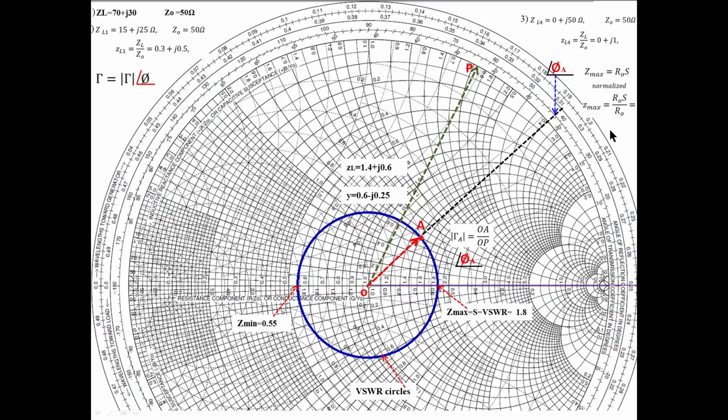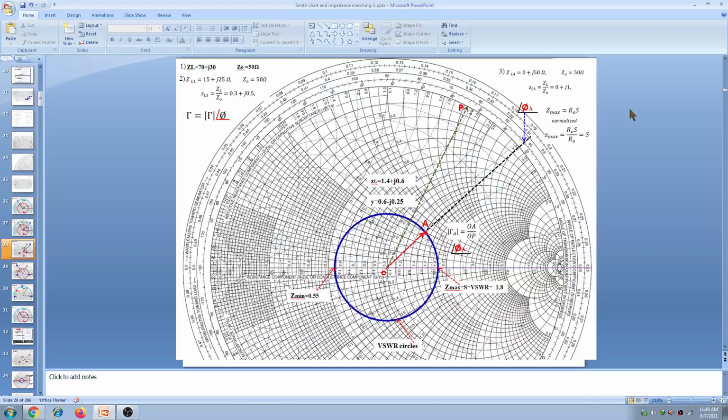And one thing you can observe here, see that Z maximum, normalized Z maximum itself is the reflection coefficient, VSWR.